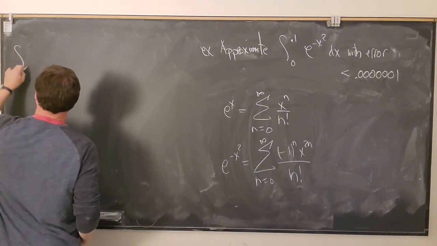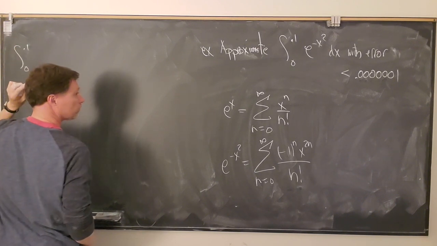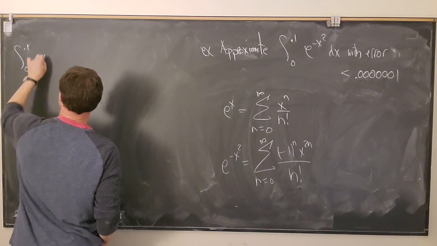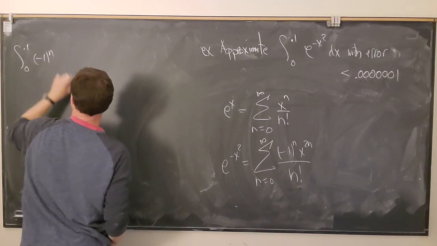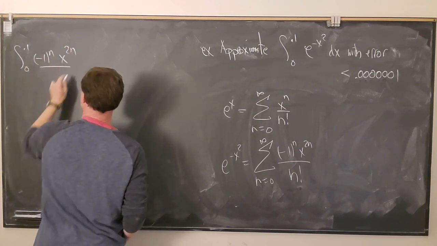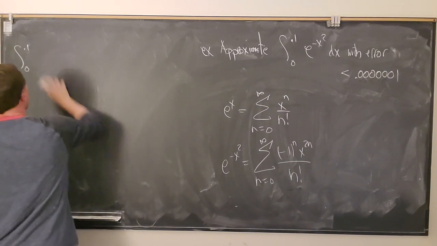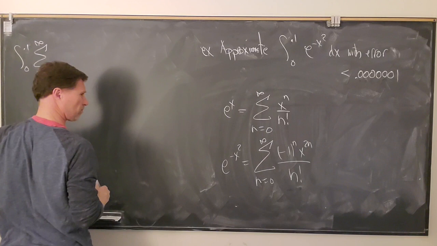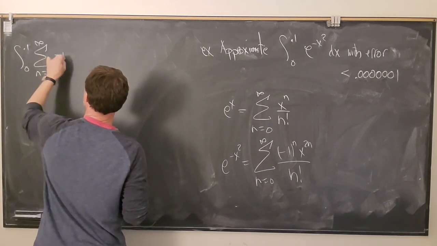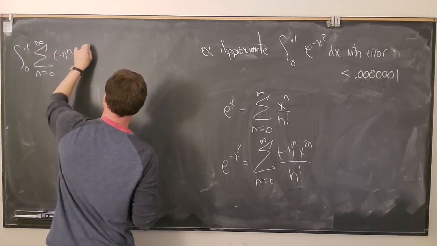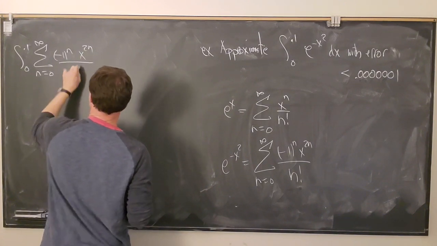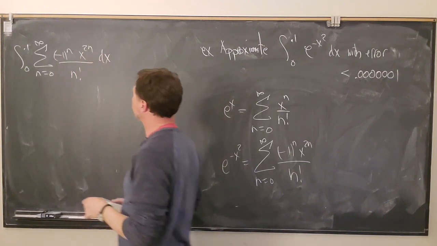So I'm going to compute the integral from 0 to 0.1, oh, I need a sigma in there, sorry, sum n equals 0 to infinity, minus 1 to the n, x to the 2n, over n factorial dx.